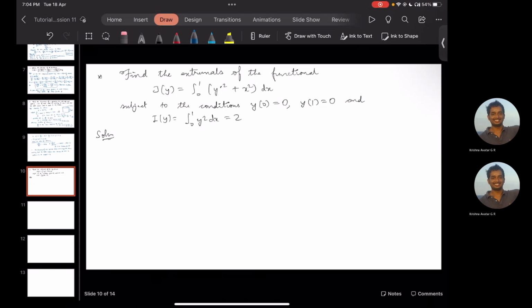Let's construct an auxiliary function at first. F of y is equal to J of y minus lambda times (I of y minus 2). And this lambda here is a Lagrange multiplier, and this is to ensure the satisfaction of the constraint, okay?